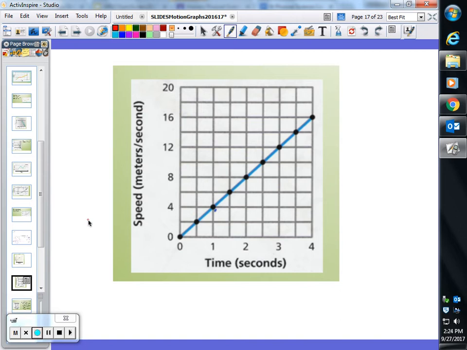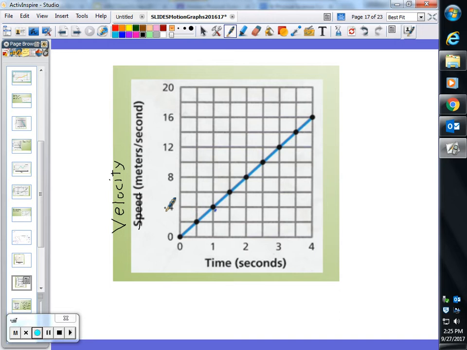All right, so there's one big difference between this graph and the graphs we've been looking at over the past couple days. What's the difference? It's a speed and time graph, right? And so, again, just to be more consistent with our wording, let's make that a velocity versus time graph, okay?